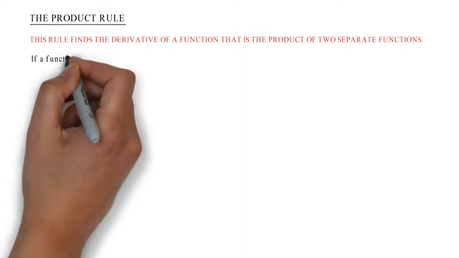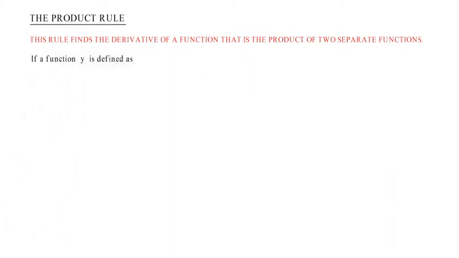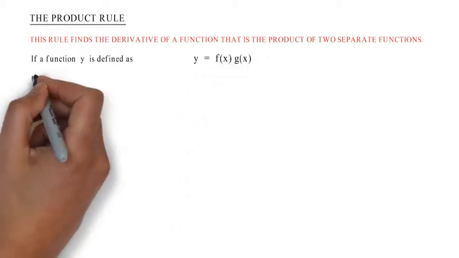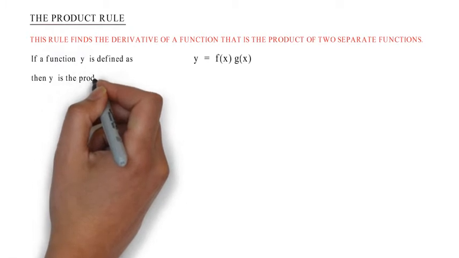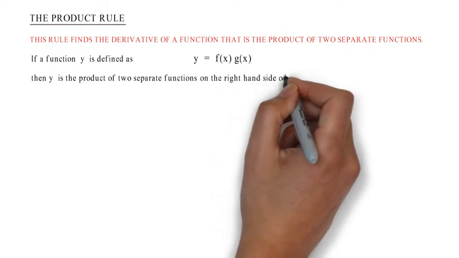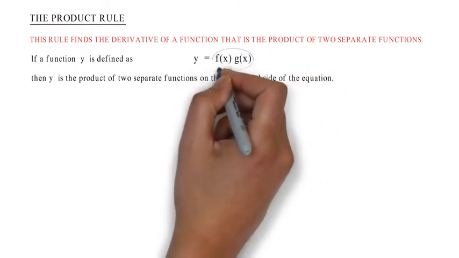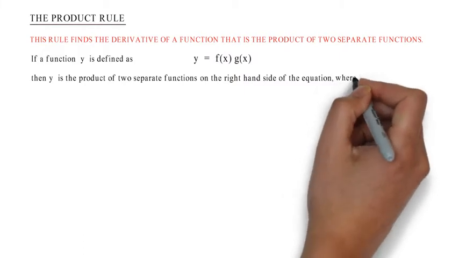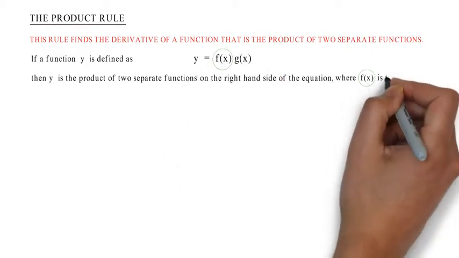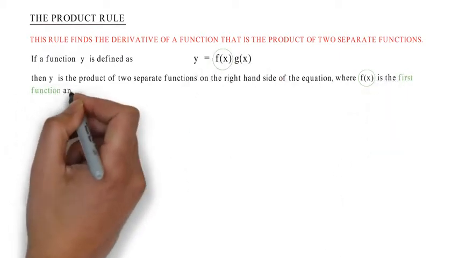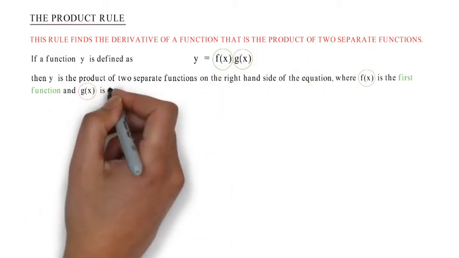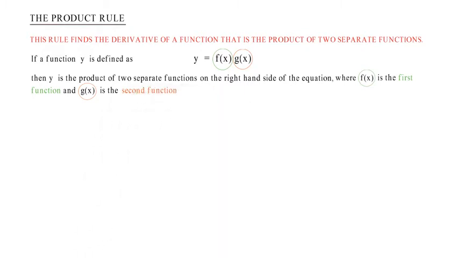If a function y is defined as y equals f(x) times g(x), then y is the product of two separate functions on the right-hand side of the equation, where f(x) is the first function and g(x) is the second function.